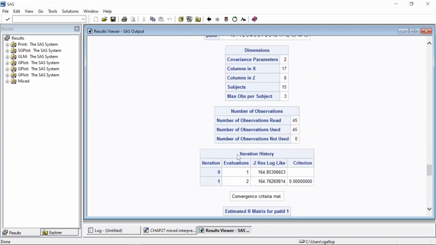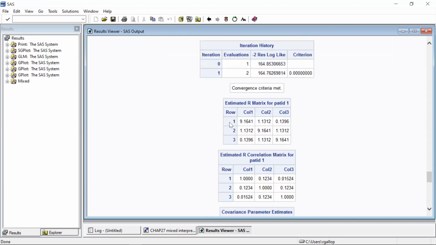So for these 15 patients, R gives us this form of the variance covariance matrix, right? Namely, for each person at each time point, we assume a variance of 9.16. The covariance between points 1 unit apart is 1.1312, and the covariance between points 2 units apart is 0.1396.